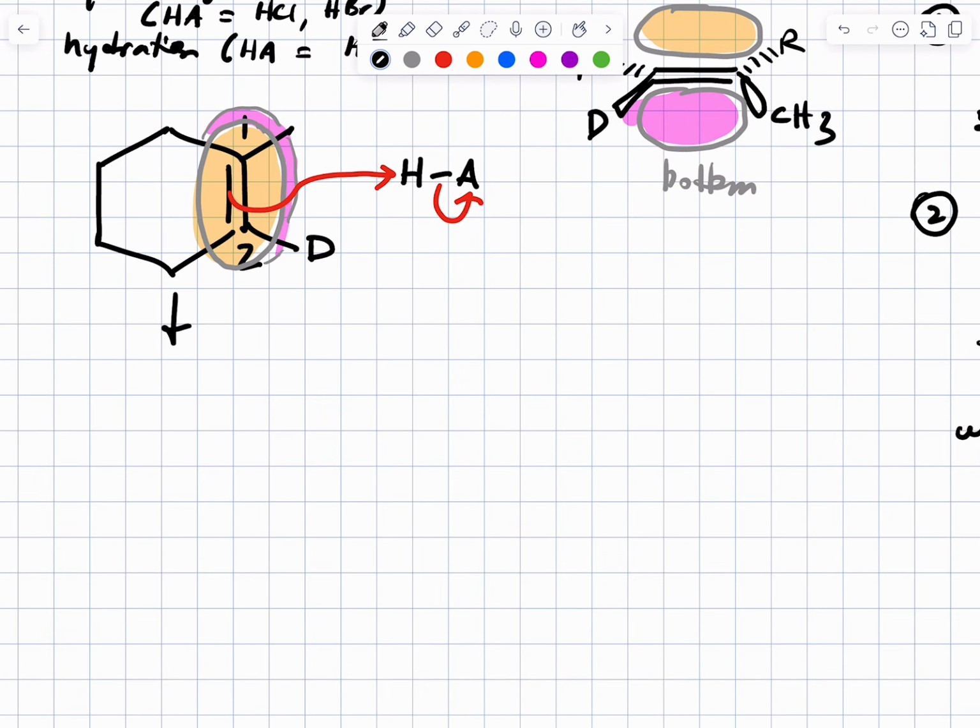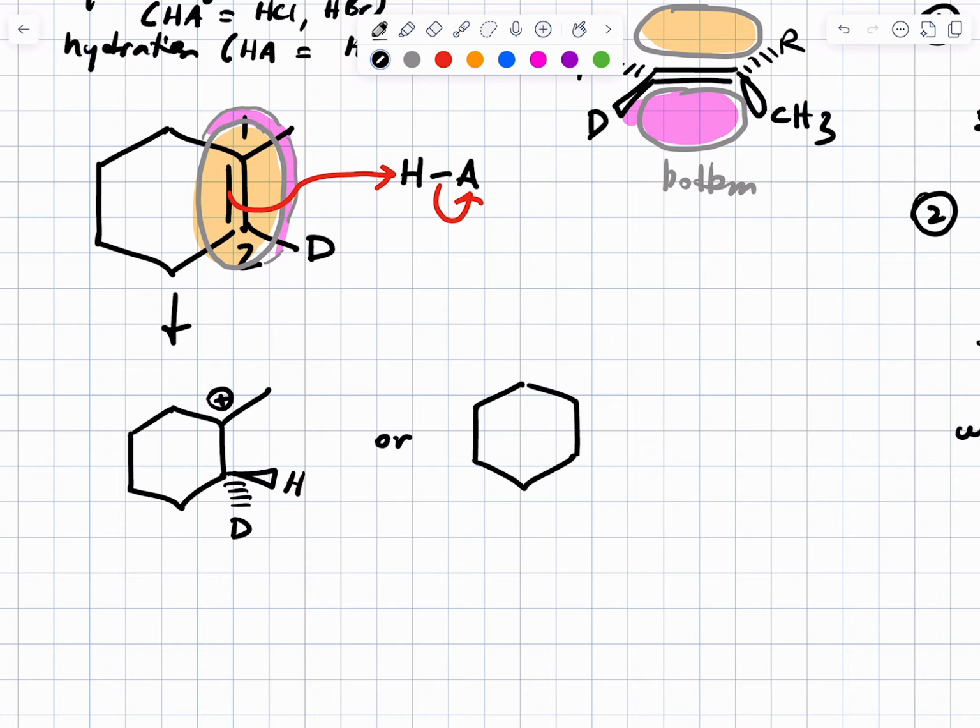So here, we're going to put the hydrogen at carbon 2 so that the positive charge can be on carbon 1 where it's more stable. The hydrogen can have been added to the top face of the alkene or the bottom face of the alkene with equal frequency.